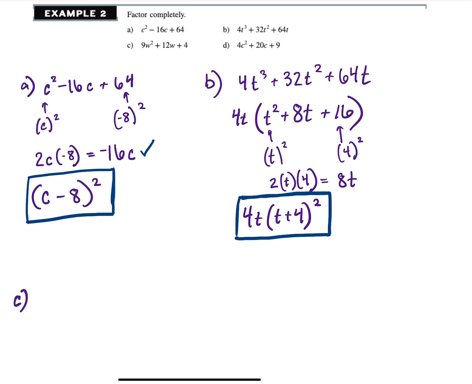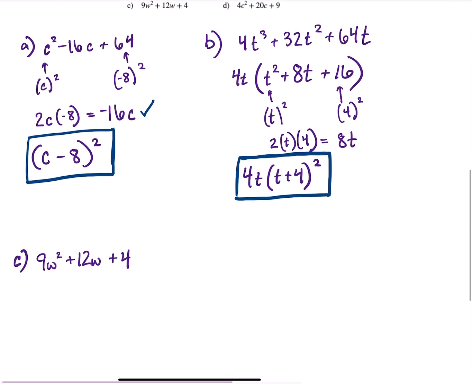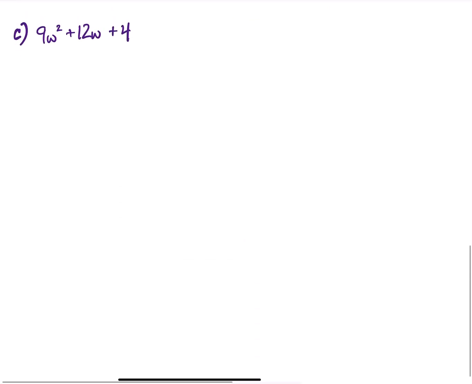For part C, we have 9w squared plus 12w plus 4. So first I'll see, can I factor anything out of every term? They don't all have w, and they're not all divisible by some number.